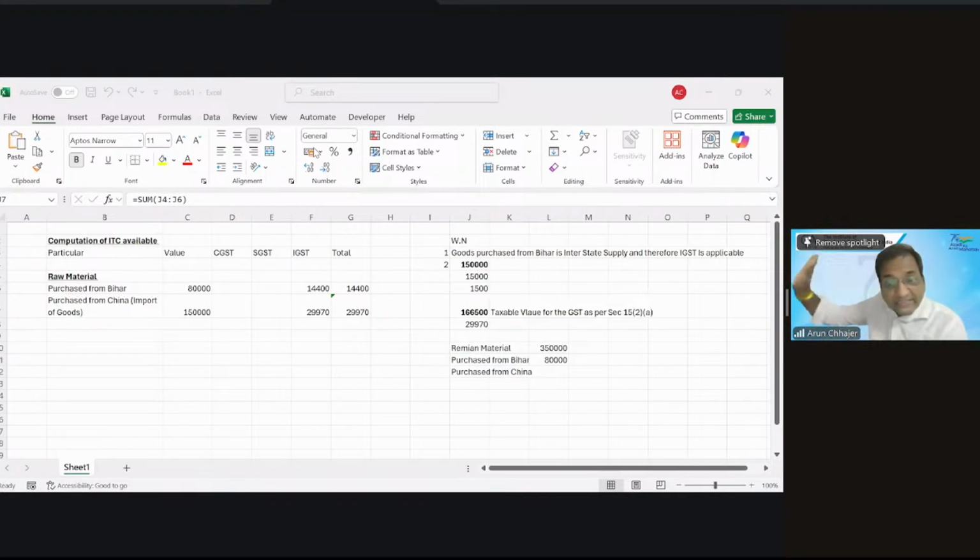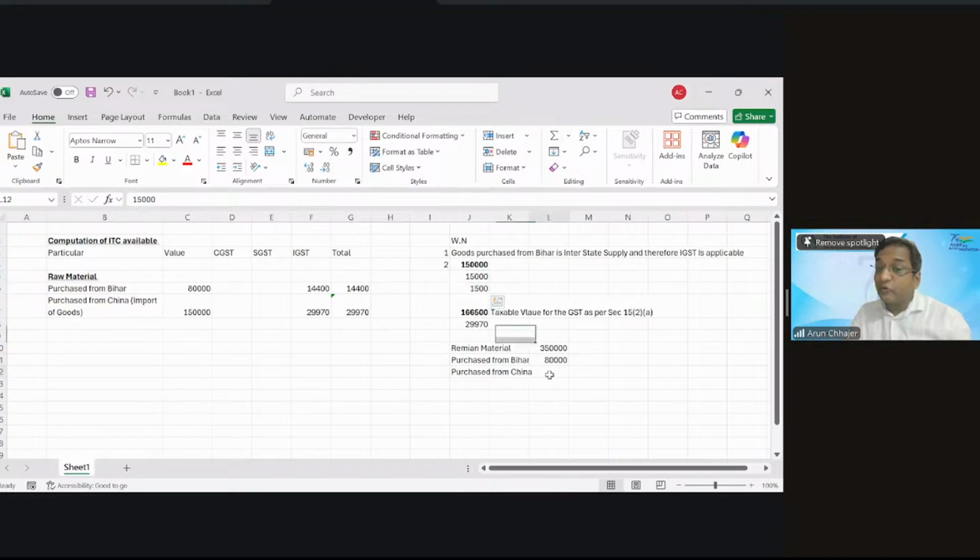Ideally the taxable value should be 1,66,500. That we have calculated, and I have also told how the IGST given in the book, given in this question, is calculated. So we need to add everything.